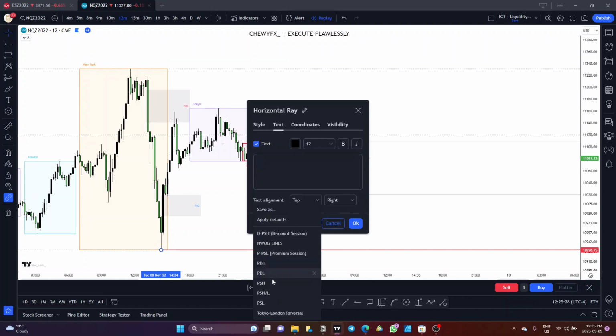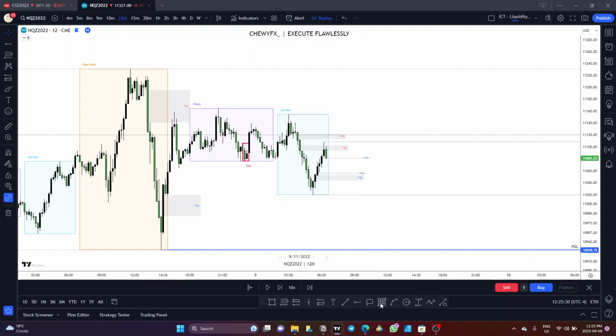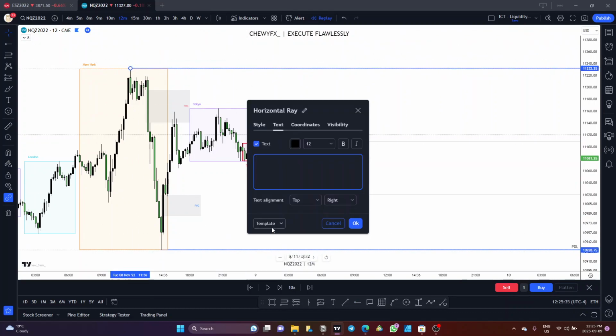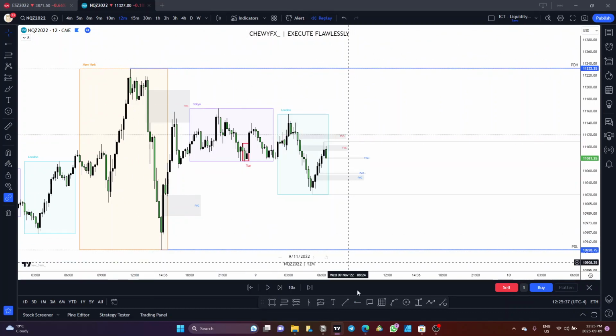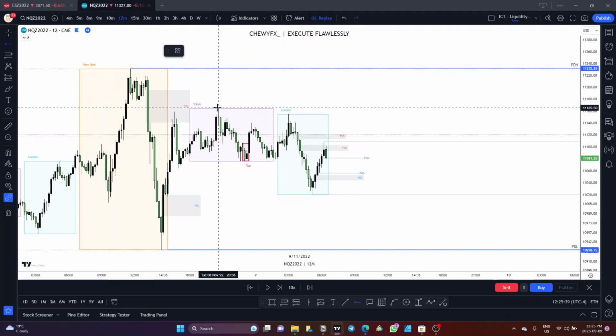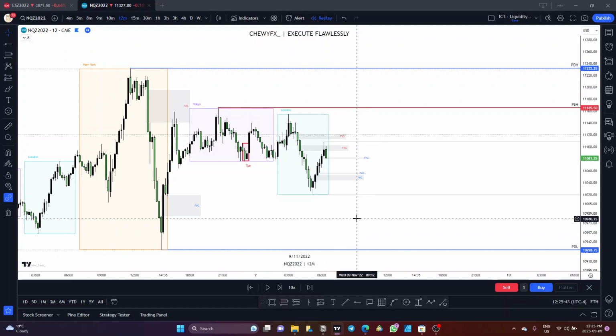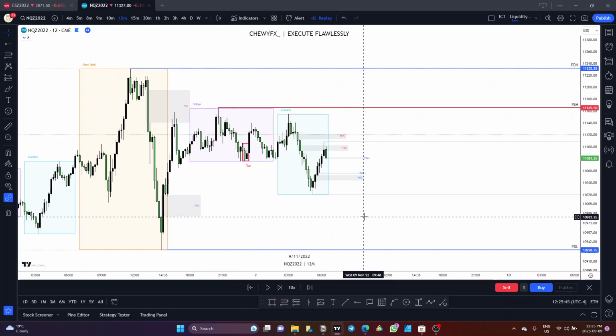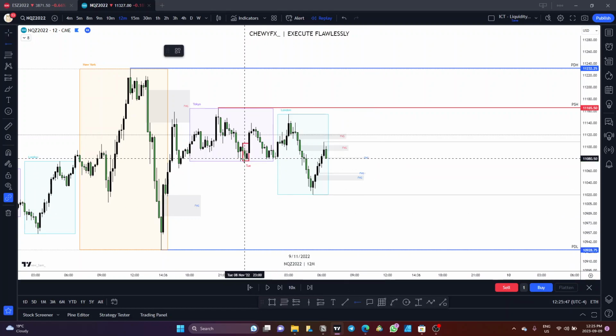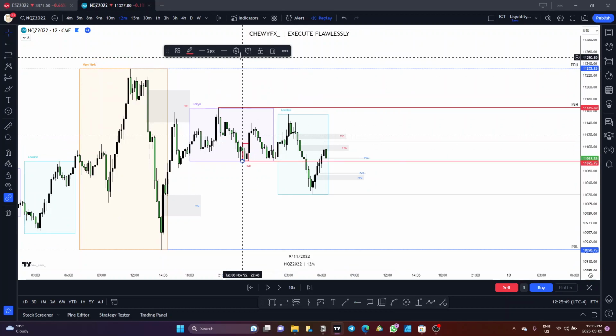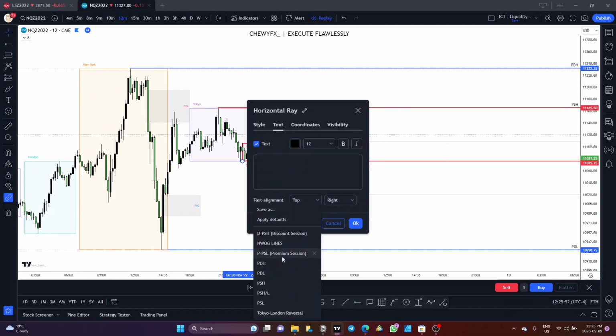Okay, this is drawing up our previous day low. Now we draw up the previous day high. Draw up the session highs just in case. Now we want to draw up this premium array.